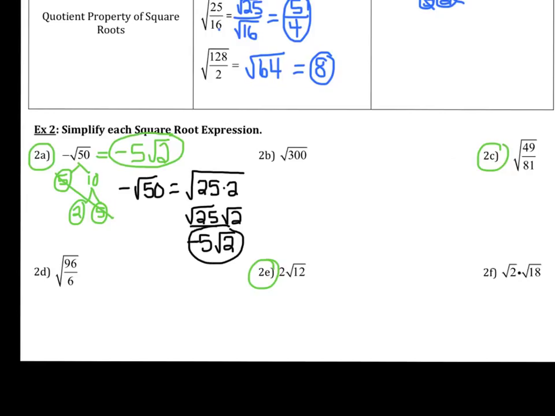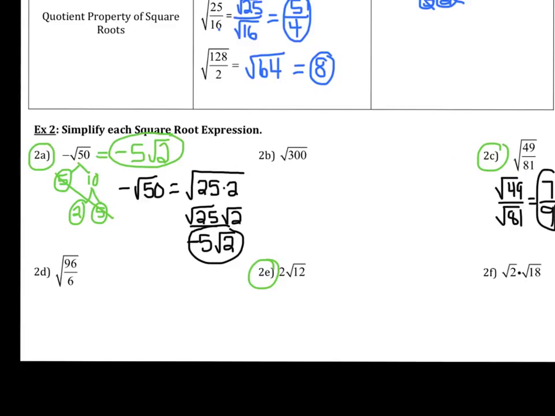And don't forget the negative sign out front. Now for 2C. When I look at 49 and I look at 81, those numbers kind of stand out to me as being perfect squares. So I'll square root the top and square root the bottom and get 7 over 9. That does not reduce any further.